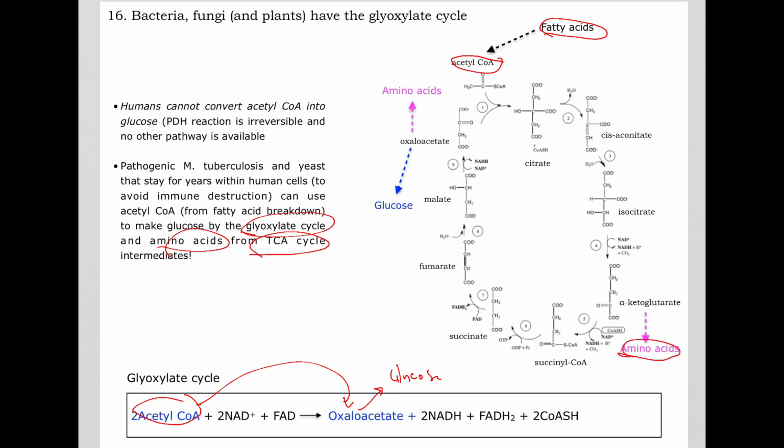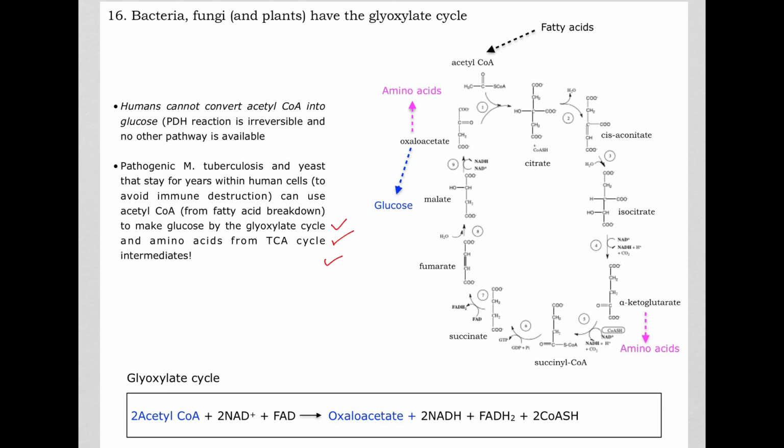So they can use the intermediates of the Krebs cycle to make their amino acids, their proteins. In this way, they can make their carbohydrates, they can make their amino acids, they have their lipids, and so they can survive for a long time, hiding in our cells and avoiding immune destruction.